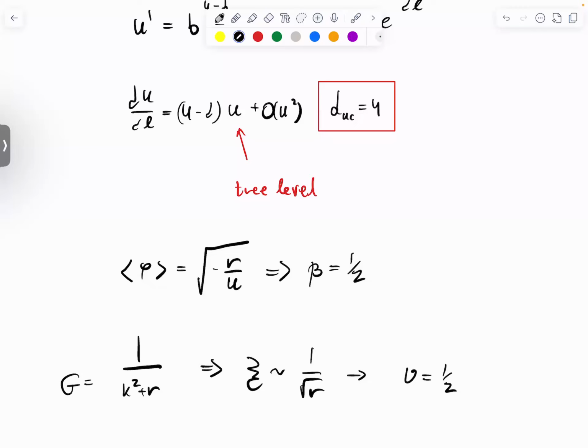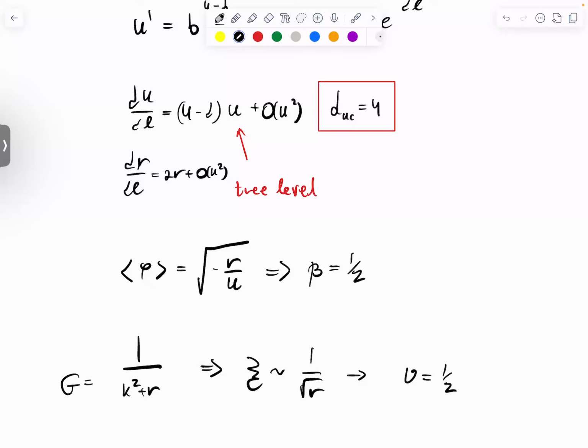We want to obtain the O of u squared. We also have this dr/dl, which we just found is 2r, which is also plus O of, say, u squared. Okay? And we want to compute that. I also know that above dimension 4, phi to the 4th is not renormalizable.